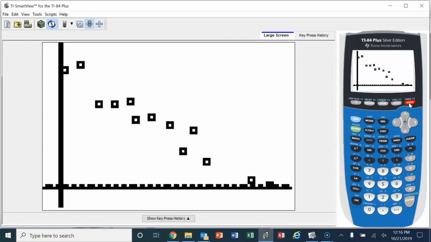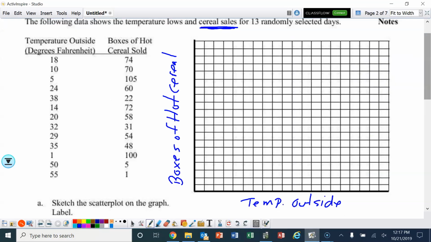There, that looks better. All right, so the first thing is we're going to draw the scatter plot on our paper. So I'm going to do the best job that I can. You do the same thing. Try to put the dots, you know, kind of in the pattern using the whole graph. So I'm looking at the calculator and I'm trying to mimic what I'm seeing.